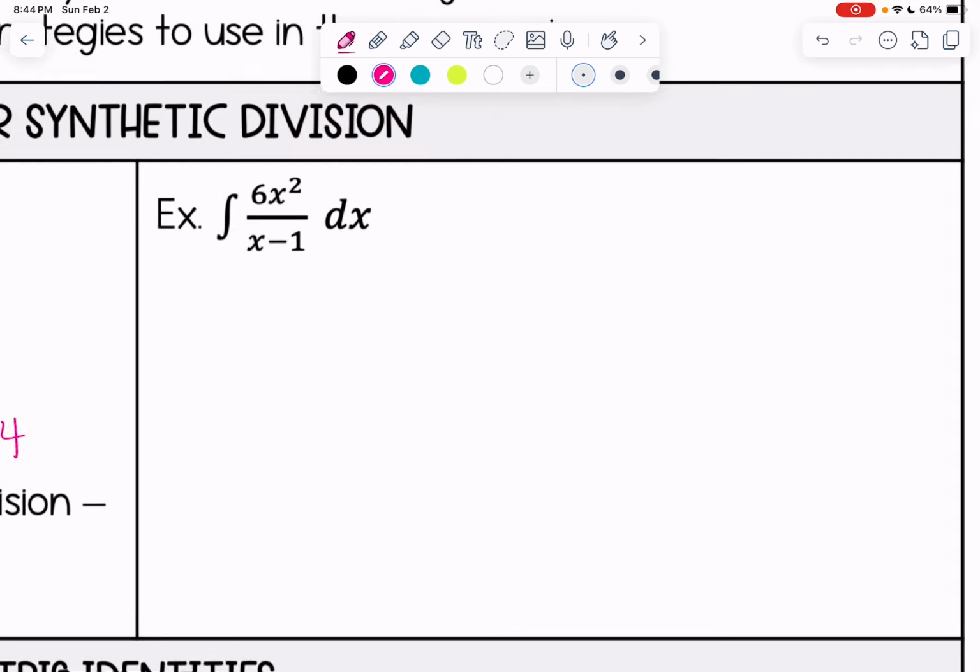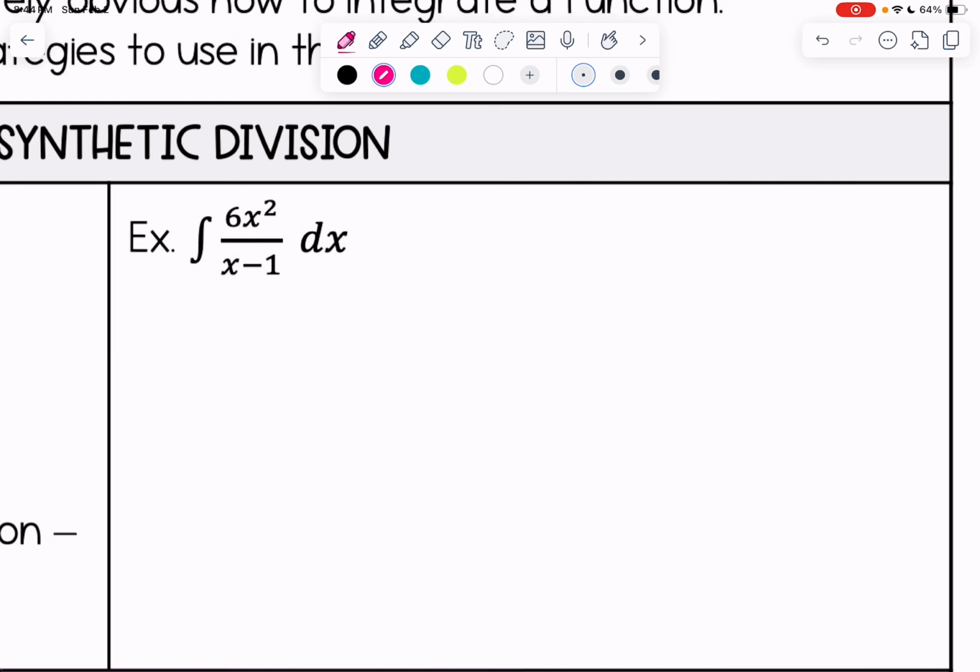All right, if we look at the sample problem though, this is going to be one where we're going to divide, and I am able to divide synthetically because of the format of the denominator. So I'm going to rewrite this expression, putting some placeholders in that numerator, and then I'm going to set up synthetic division.